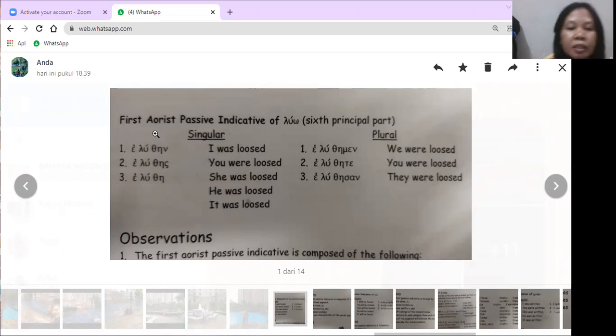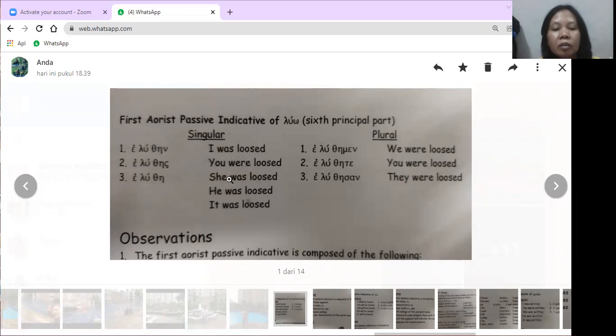The first aorist, we will find e-lu-then. First singular, we will find the ending then. For second singular, in the end we find thes.